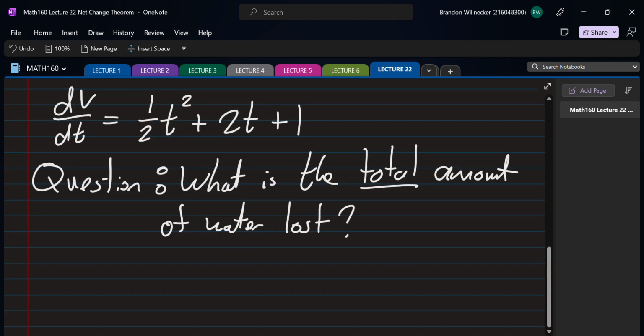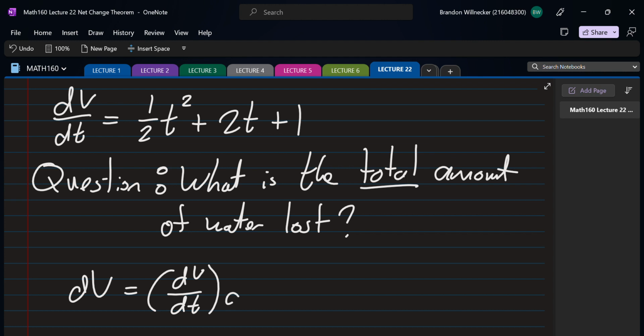So the amount of water lost, let's call it dV, is this dV by dt times dt. Okay, so we've seen that before. So we know the rate at which the water is being lost. So over a very short amount of time, this dV is the amount lost. Okay, it's a small bit lost every instant in time.